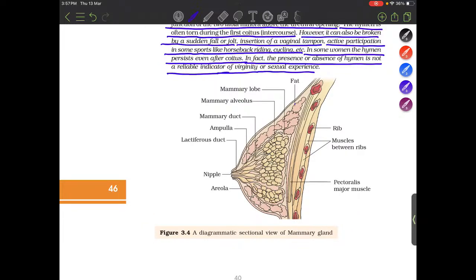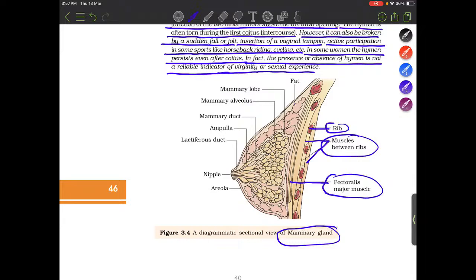Here is a diagrammatic sectional view of the mammary glands. So here is the rib. Then these are the muscles between the ribs, and this is the pectoralis major muscle. These are fats.